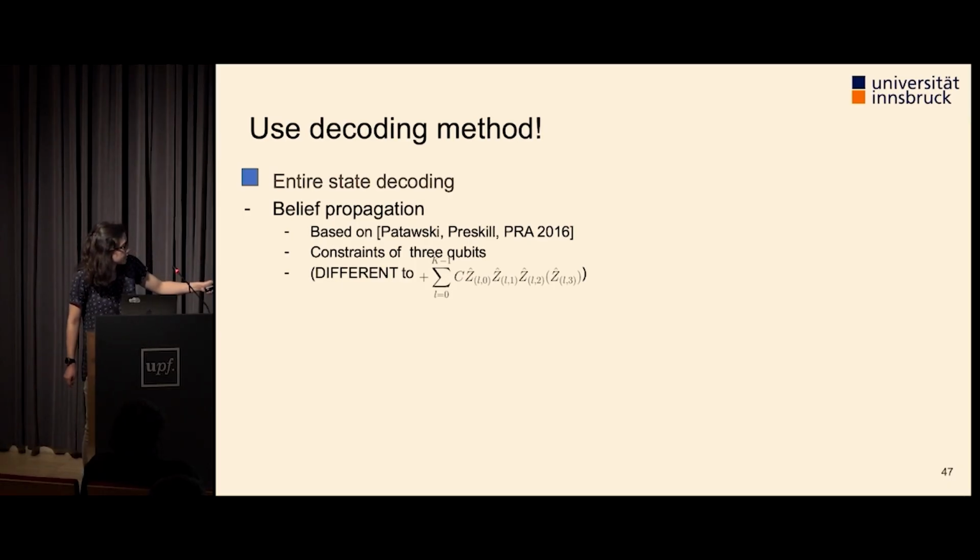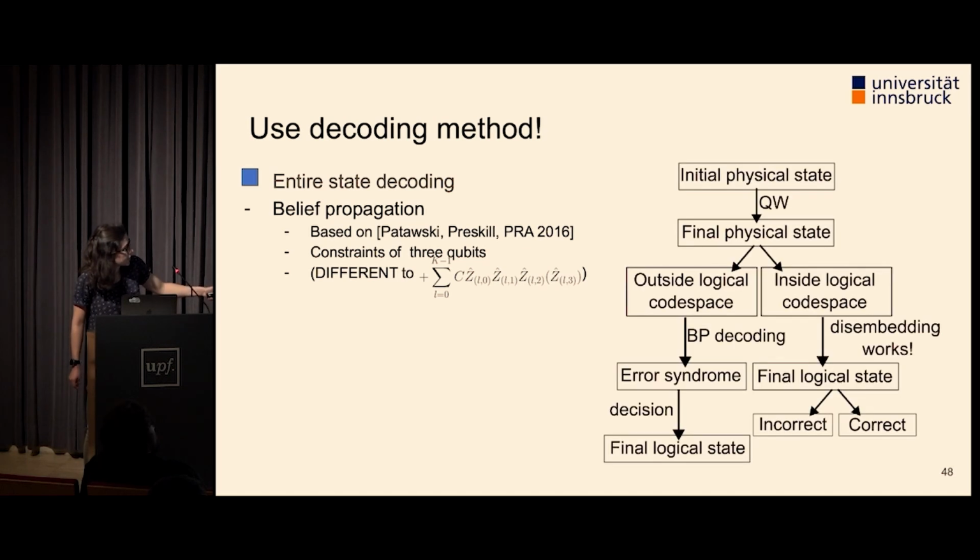And the performance of this, so in this case, once we've done our quantum walk and end up in a final physical state, even if we end up outside the logical code space, we can use this belief propagation decoding in order to find an error syndrome, which then could allow us to find a final logical state, and this final logical state may hopefully be correct.